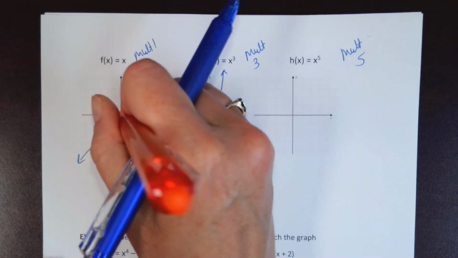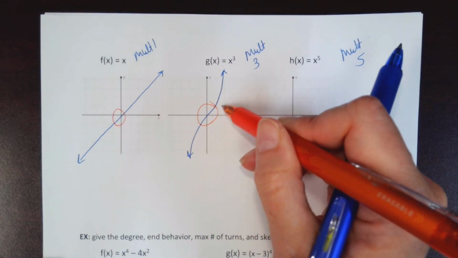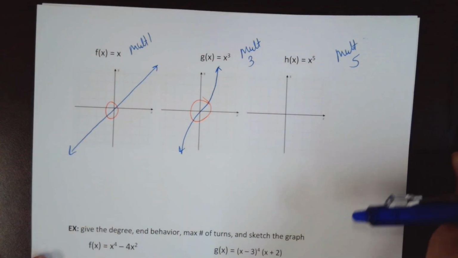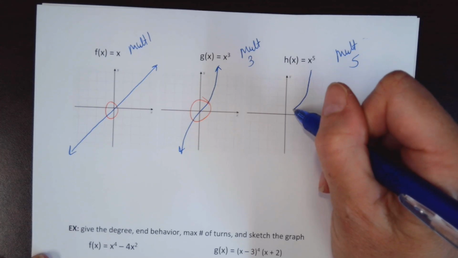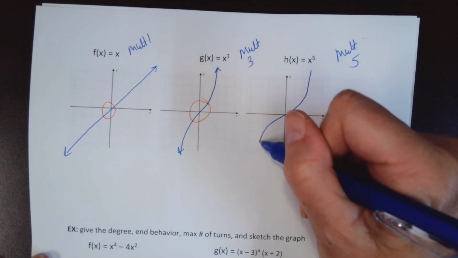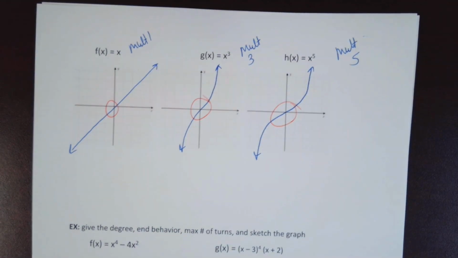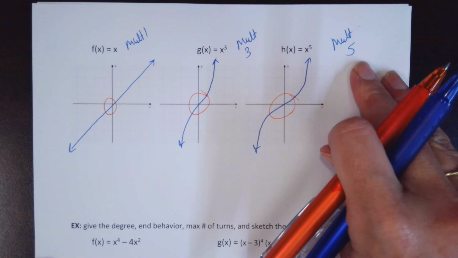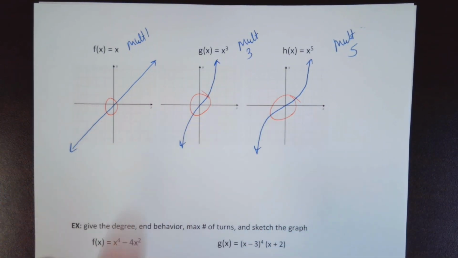Still crosses, multiplicity 1. Multiplicity 3, it slows down and flattens out some as it crosses. What do you think this multiplicity 5 is going to look like? Well, it's still going to be the same basic shape, but we're really going to slow down more and exaggerate that flatten out part so that you can kind of reflect that higher multiplicity. You're not really going to see this case much, but you are going to see these, and you need to note the difference.